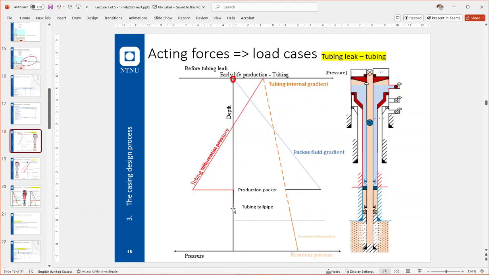Then it becomes corrosive. You can have some reservoirs that are extremely corrosive. Those would typically be high CO2 or high H2S reservoirs. Then you have special material qualities, and those are special cases, I'd say.